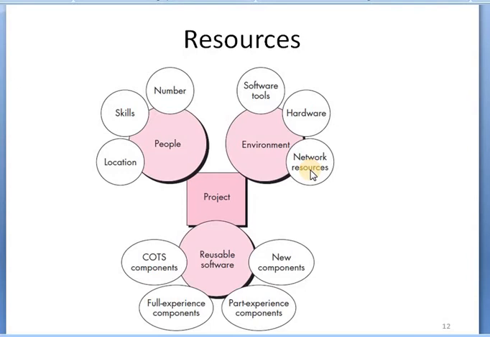So first we will discuss human resources. The planner begins by evaluating software scope and selecting the skills required to complete the development. Both organizational position and specialty are considered as human resources.